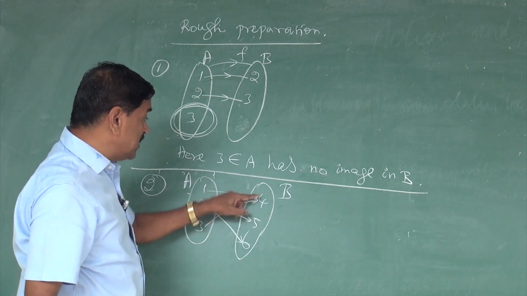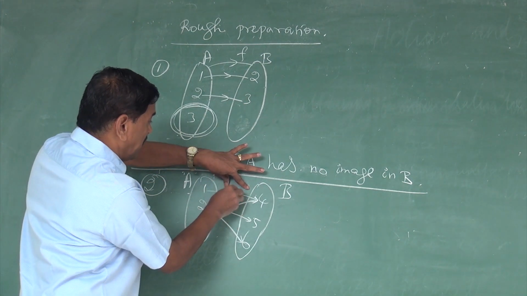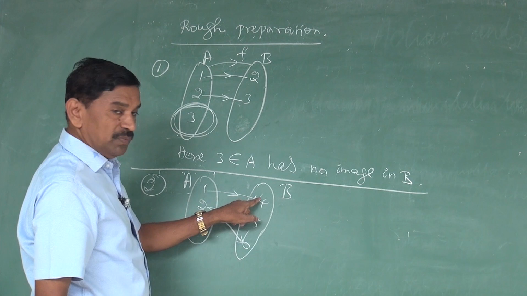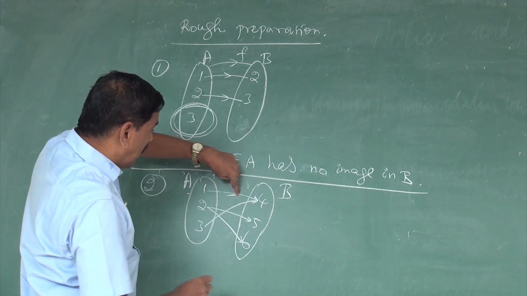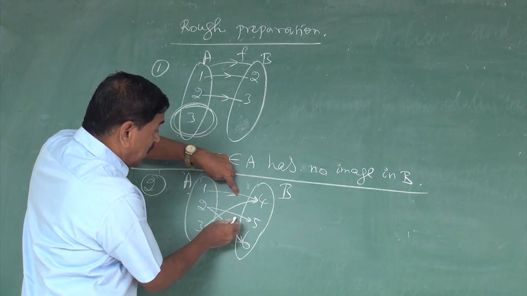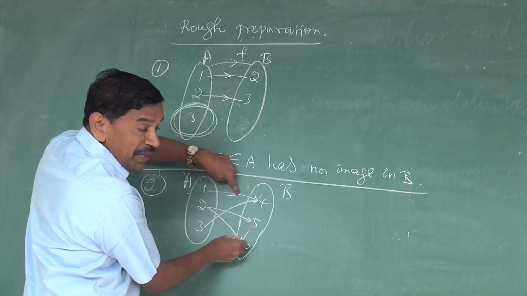Listen, 1's image is 4, which is a unique image. But 2's image is 5 and 2's image is 6.